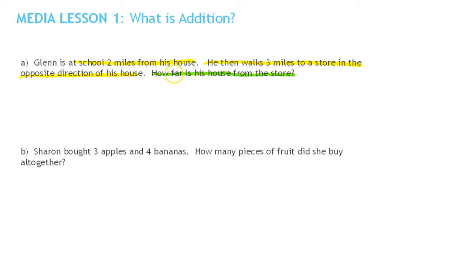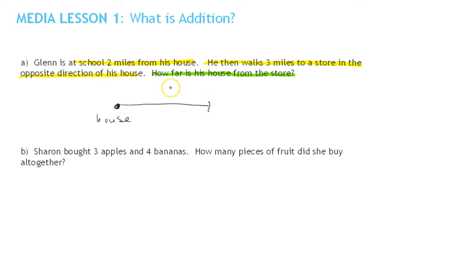Now again, you probably know this is 5. You probably thought of this, 2 miles, 3 miles, add them together, it's 5. But let's see what this has to do with addition. So we'll say this is his starting point, or actually, we should say the reference point, his house, and it says he starts 2 miles from his house.